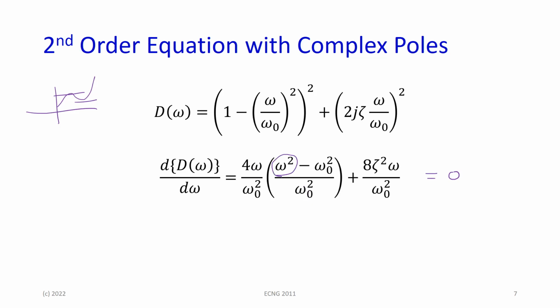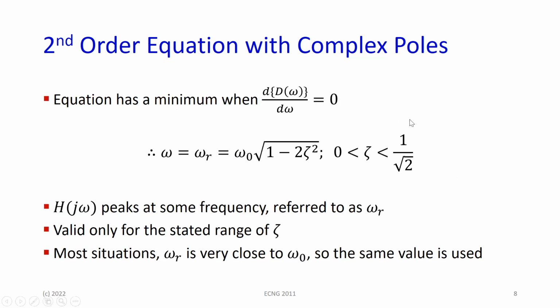In other words, what value of omega is going to make that 0? You will see that omega is equal to omega 0 times the square root of 1 minus 2 zeta squared. All right?